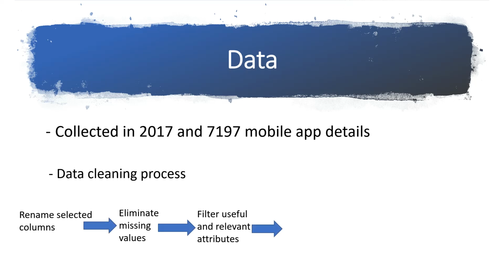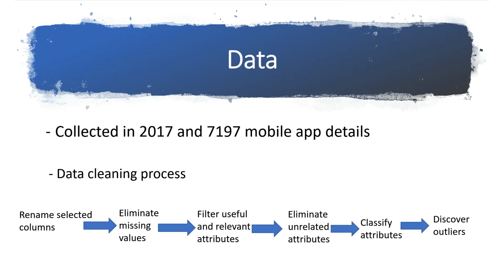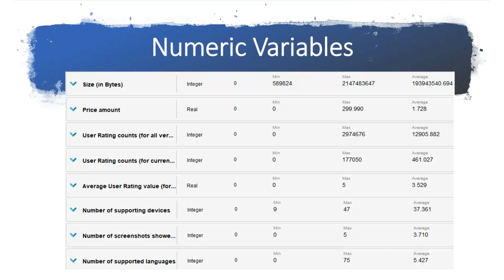Third, filter useful and relevant attributes. Fourth, eliminate unrelated attributes. Fifth, classify attributes into numeric and categorical attributes. And finally, discover outliers.